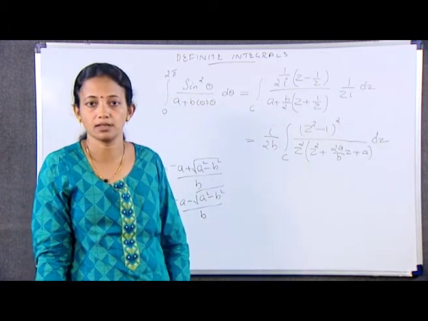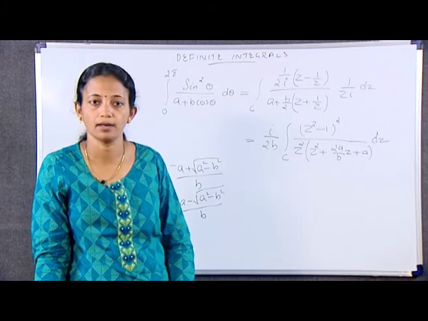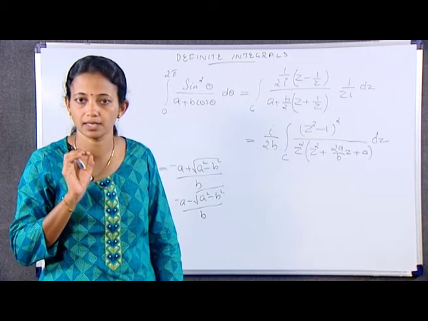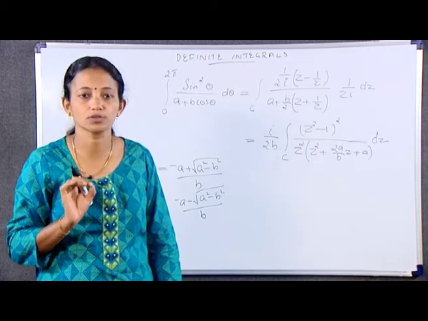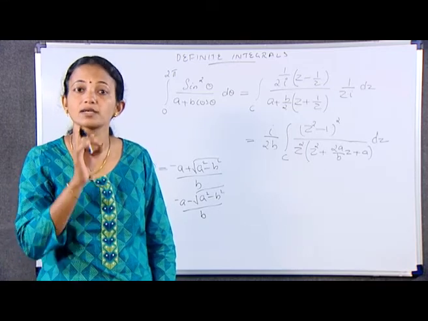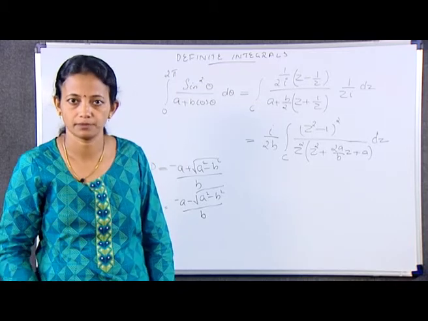Within the unit circle, the poles of the function, that is (z square minus 1) whole square by z square into (z square plus 2a by b z plus 1), are at z equal to 0 and at z equal to p. The point z equal to q lies outside the circle, that is, our circle is mod z equal to 1.